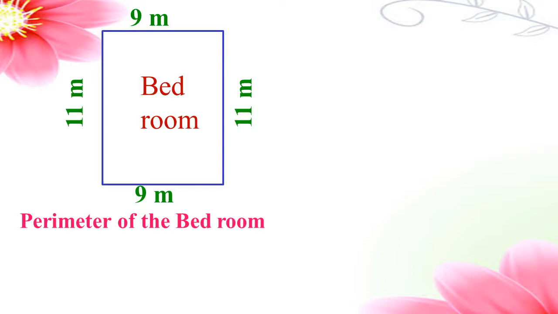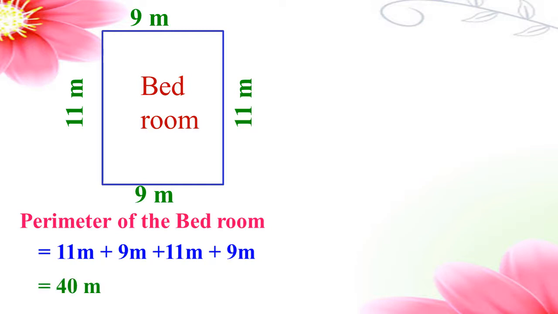So next let us find the perimeter of bedroom. Here the breadth of the bedroom is 11 meter. The length of the bedroom is 9 meter. So perimeter of the bedroom equal to 11 meter plus 9 meter plus 11 meter plus 9 meter equal to 40 meter.